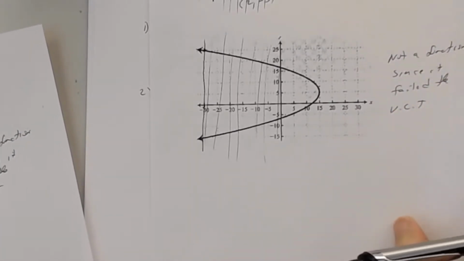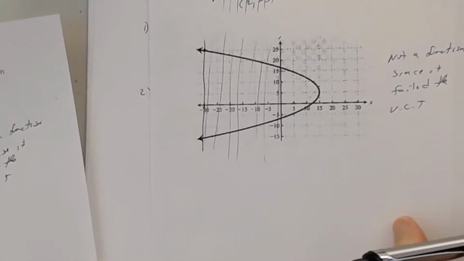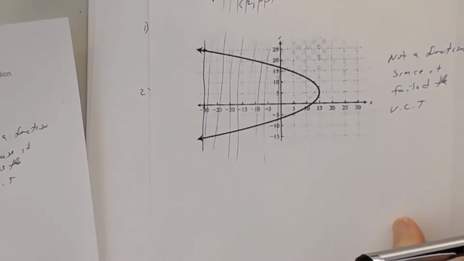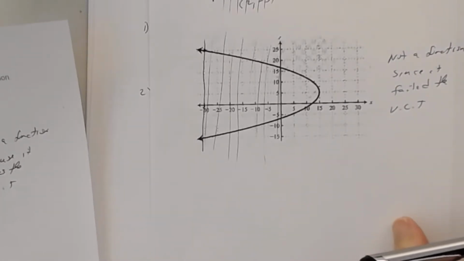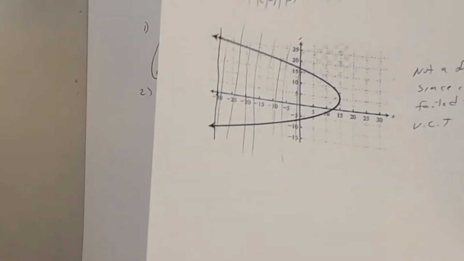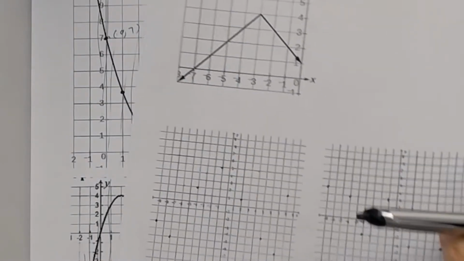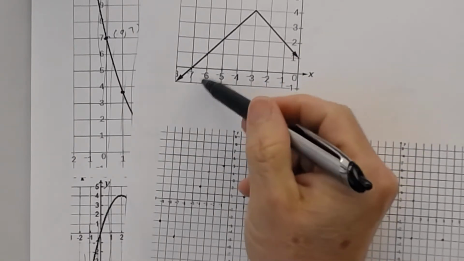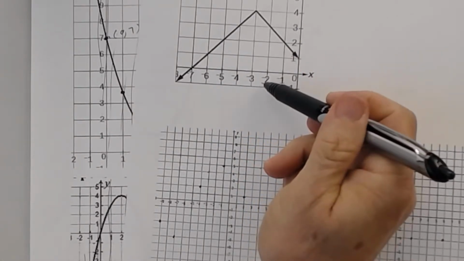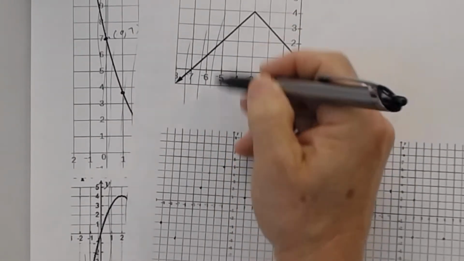So given a graph, it's extremely easy to determine if that graph represents a function. Vertical line test. So when we look at the absolute value that goes down right here, that opens down, is that a function? Yes. It passes the vertical line test.